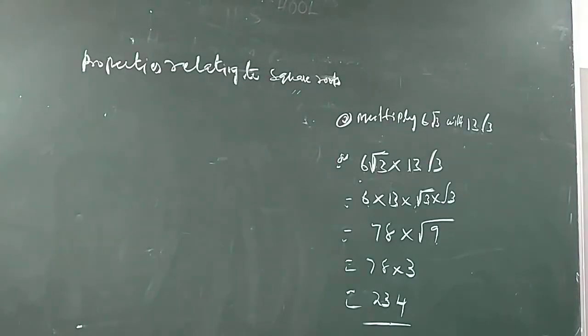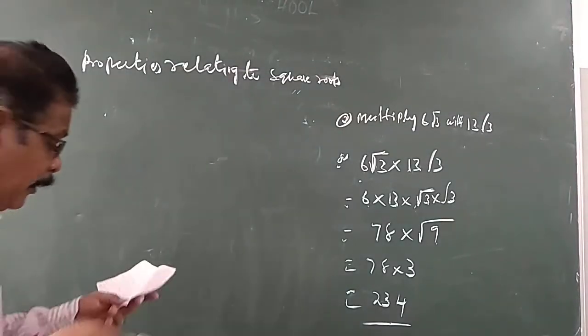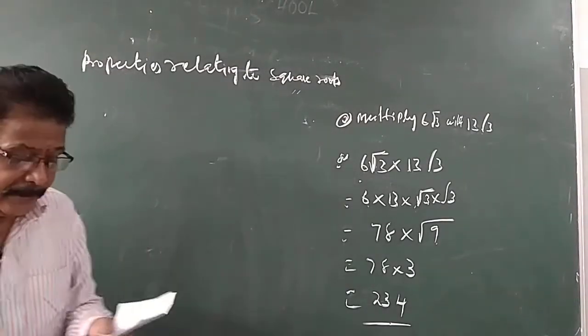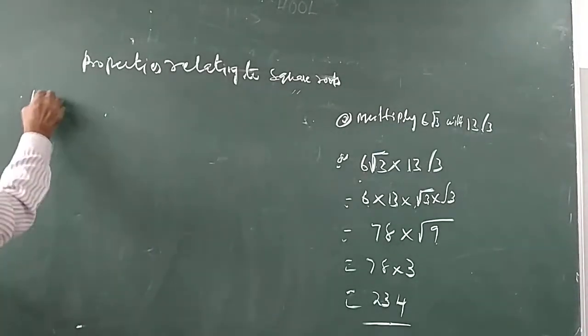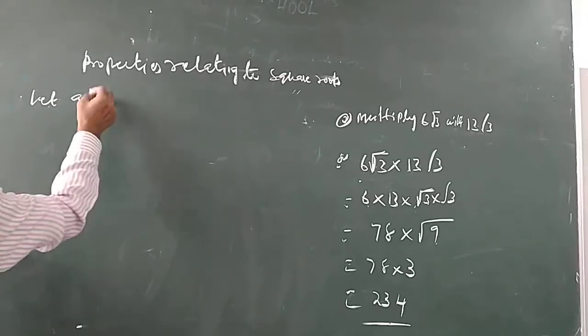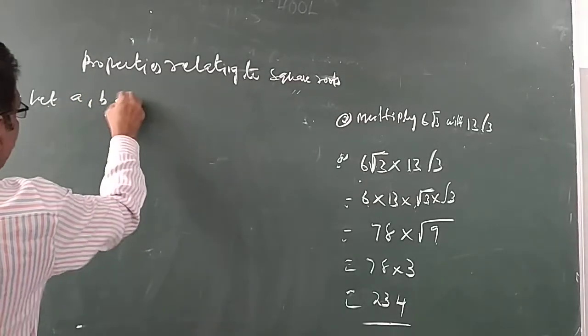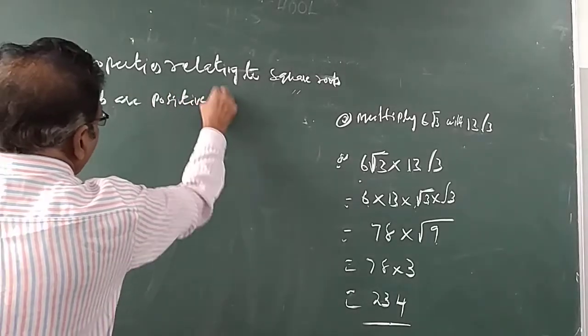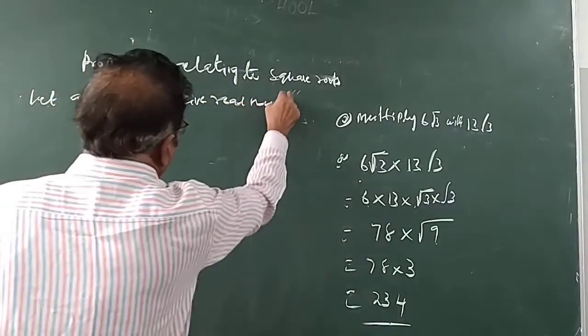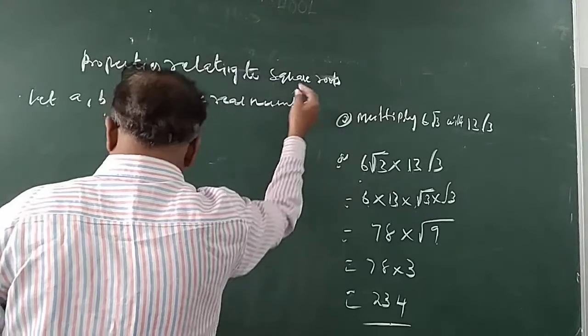The most important properties, which are helpful in the higher classes, in 10th and intermediate also, are these. Let A, B be positive real numbers.